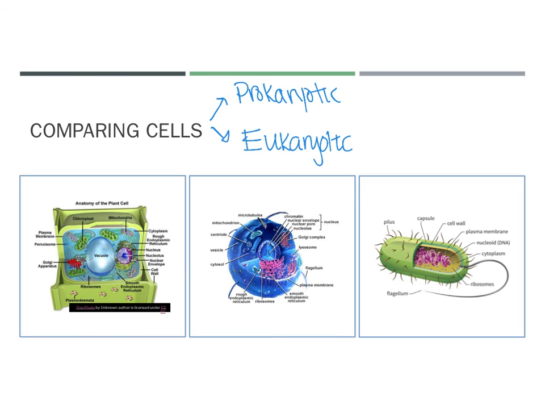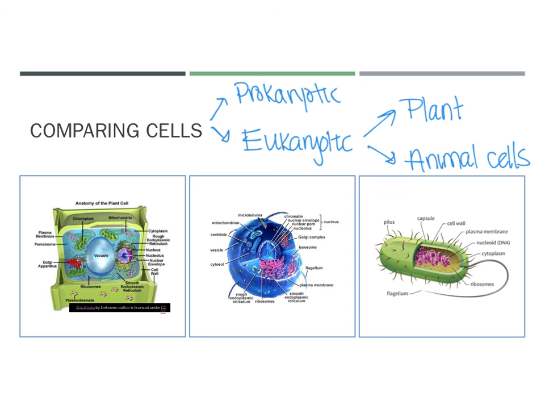And then from there, eukaryotic cells can be broken up into plant cells and animal cells. And so all of these different types of cells do share some similarities and some differences.